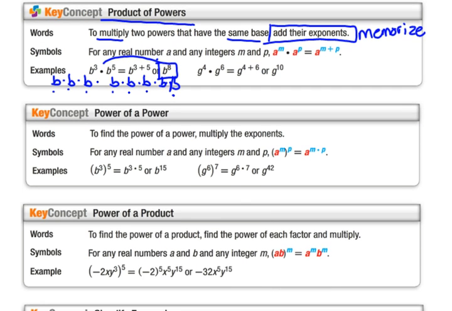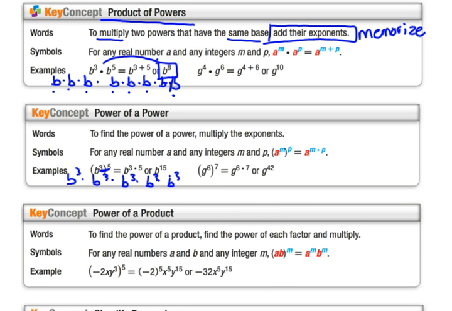Sometimes you'll see what is called power of a power, and that's when we have one base, but we have 2 exponents. In this case, if I write this out, b to the third to the 5th power really means that I'm going to have 5 b to the thirds being multiplied together. Well, we know from up here that now I would have to add.